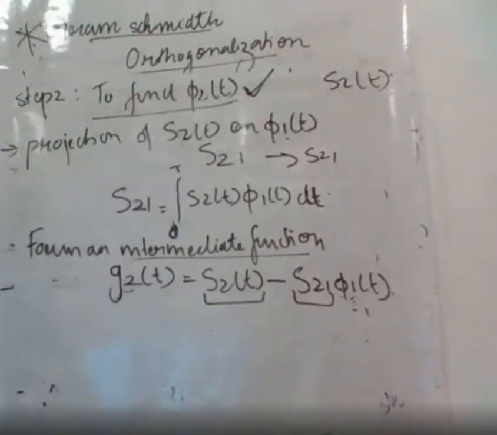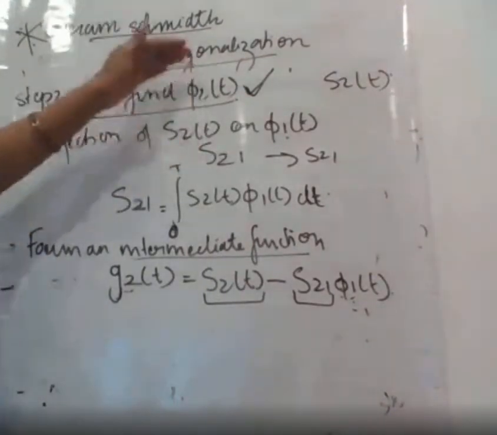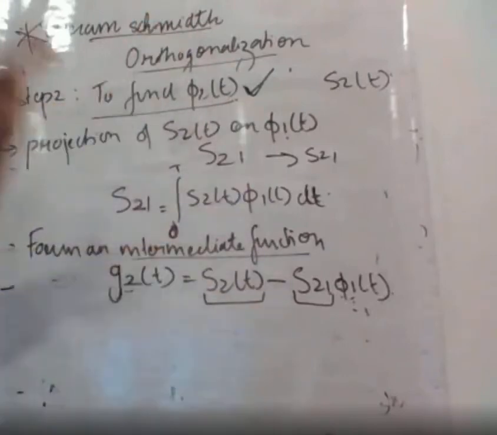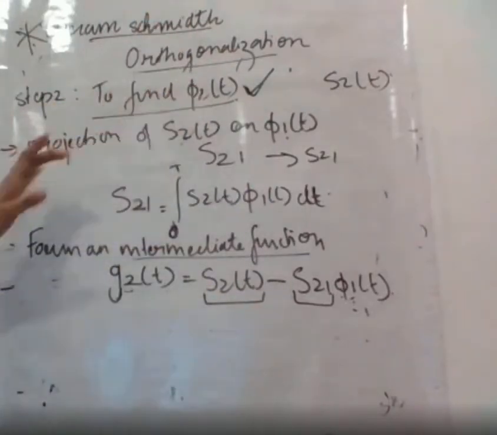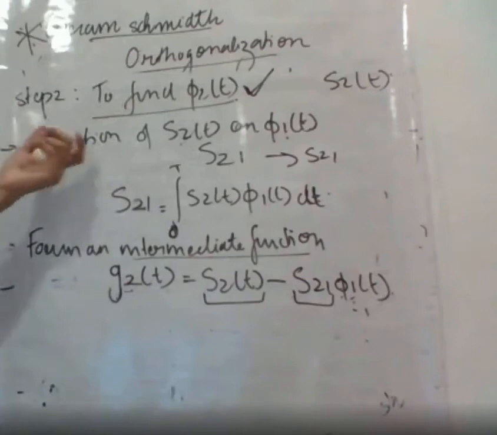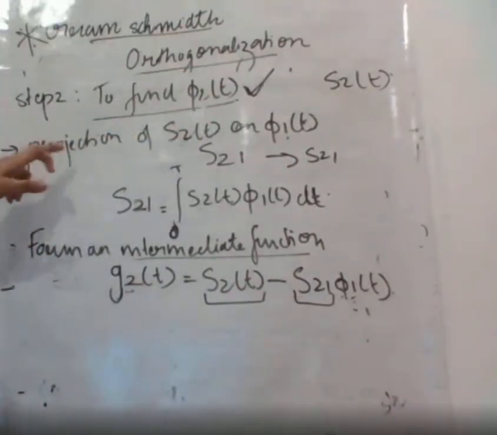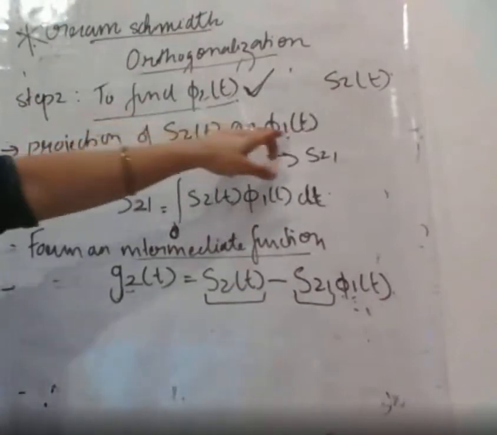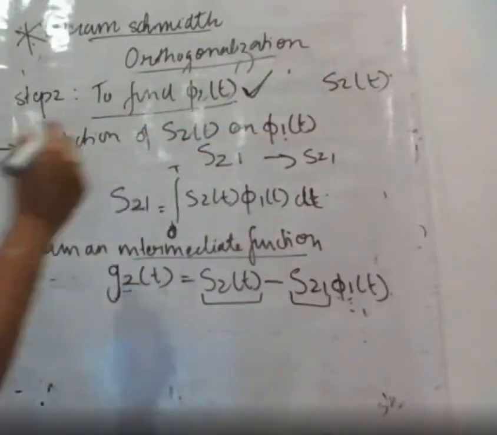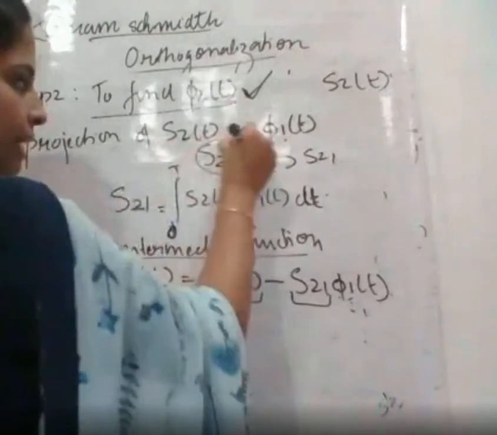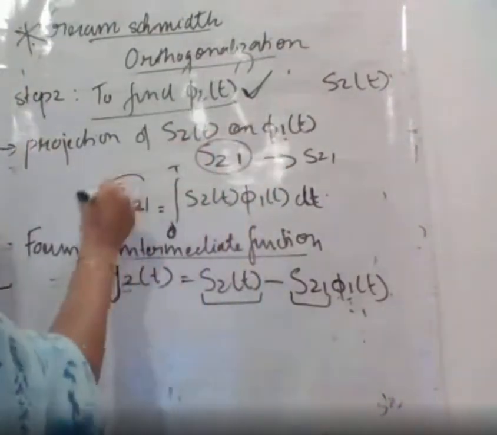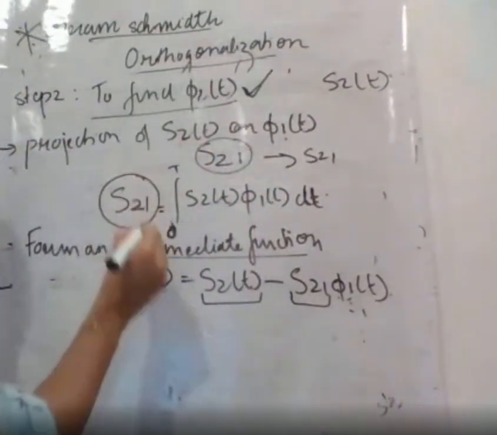Next step is to find phi2 of t. Phi2 of t is not like finding phi1 of t. From phi2 of t onwards, nothing we find next is like phi1 of t. From phi2 of t, we first have to find the projection of, since we are dealing with phi2 of t, we have to find the projection of S2 of t on phi1 of t. So S2 of t on phi1 of t is nothing but S21, which we have to find here. This is the equation for S21.